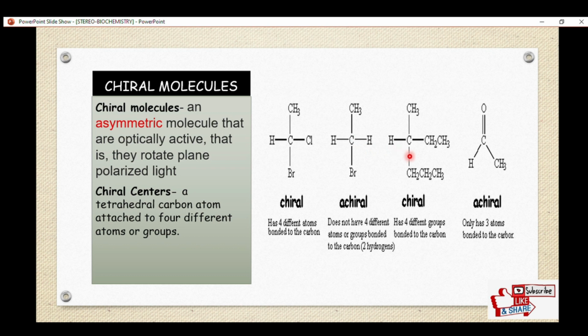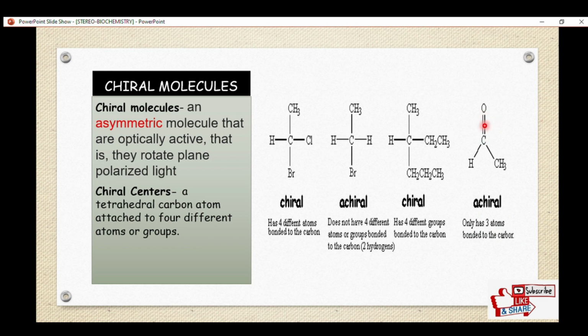Okay, so we have another chiral compound here. When you check this compound, we have a methyl group, an ethyl group, a propyl group, and a hydrogen. So they are all different. We have four different groups bonded to the carbon, so it can be termed a chiral molecule and a chiral carbon too. When we take this compound, for instance, it has three atoms bonded to the carbon.